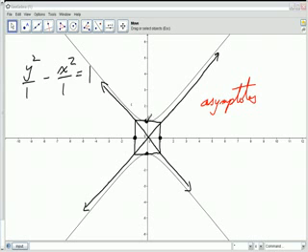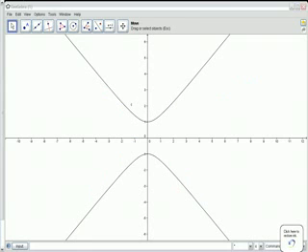And so what we do is, we draw the box first, we label these points, we draw the box, second, we graph our asymptotes third, like this, and then we take our pencil and we sketch the hyperbola, like so.